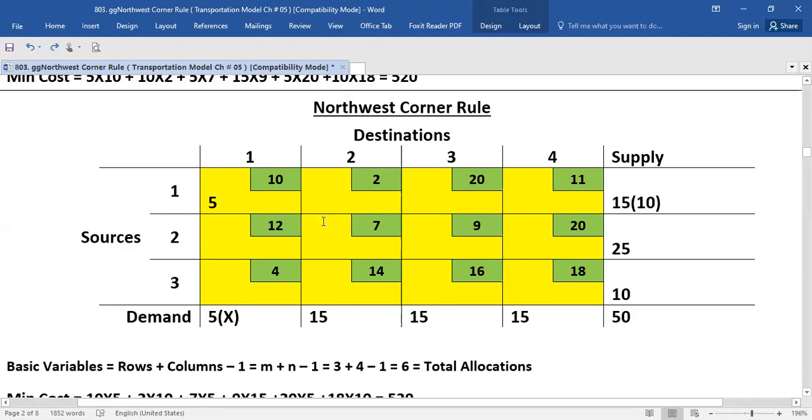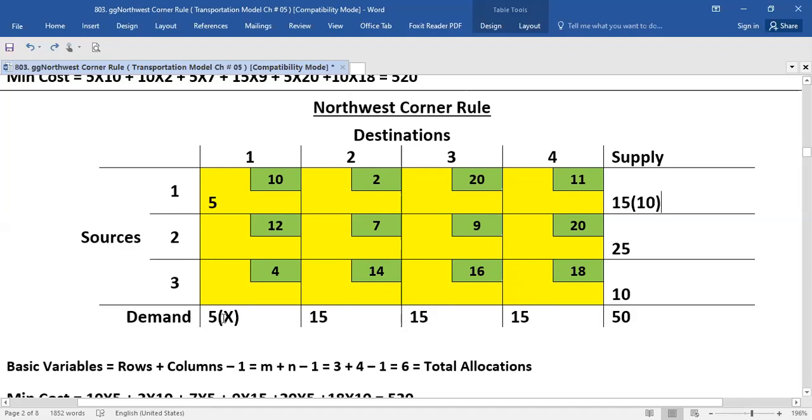When we subtract 5 from this 15, we are left with 10. So supply reduces from 15 to 10 after the allocation, and the demand is complete. If you subtract this 5 from this 5, the result is nothing, so you will put a cross sign in front of 5.